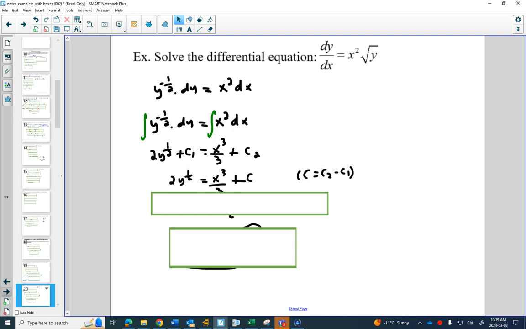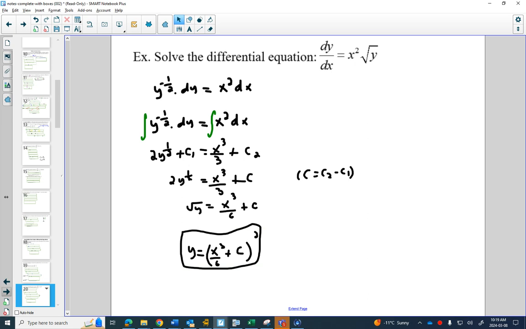Can put our c's together, and we have an implicit equation that the square root of y is x cubed over 6 plus c. If I wanted to just get y by itself, I'd have to square both sides.